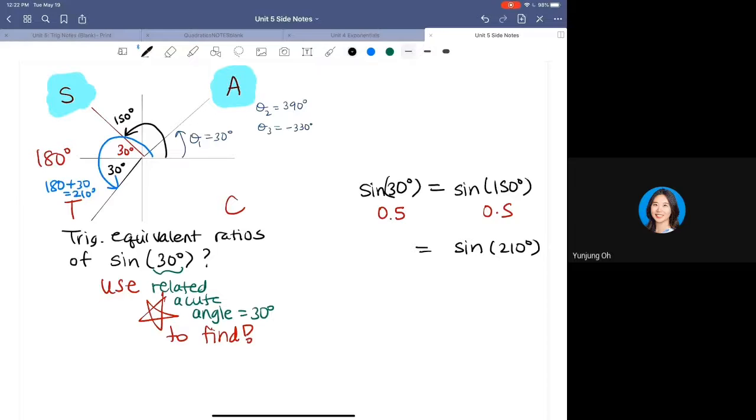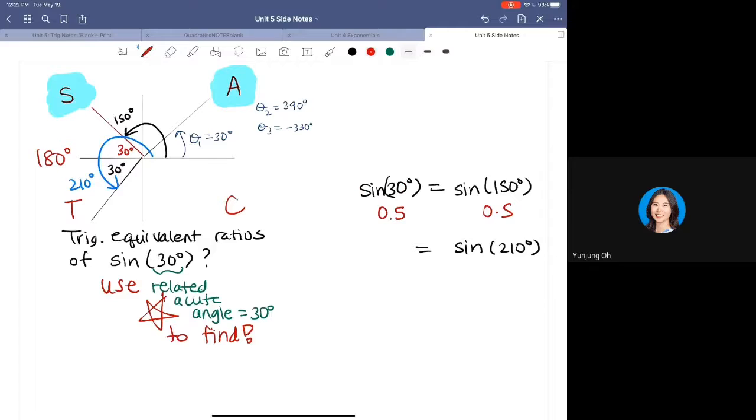Can you tell what I need to do after I write that? Do you think I can leave it like that, or do I need to do something else to it? What do you think? How would I make these equivalent ratios? What do I need to do with sine 210? Okay, that's fine.